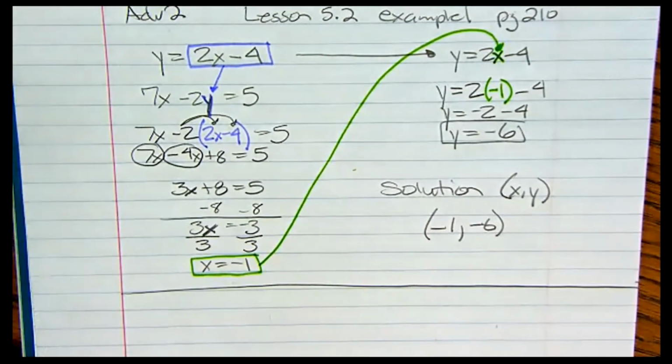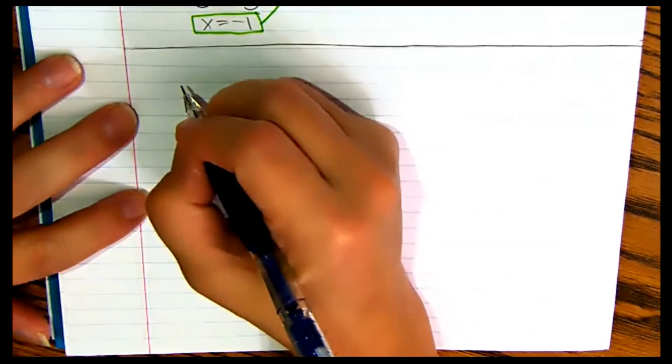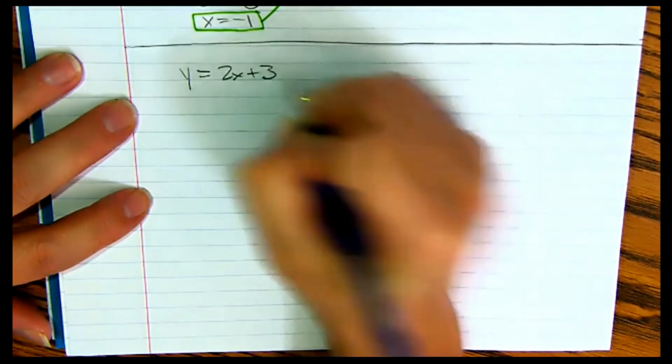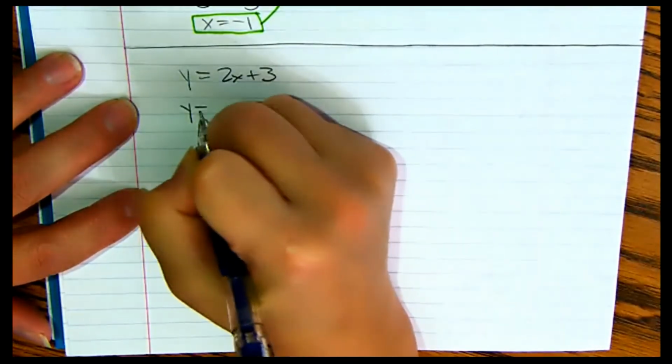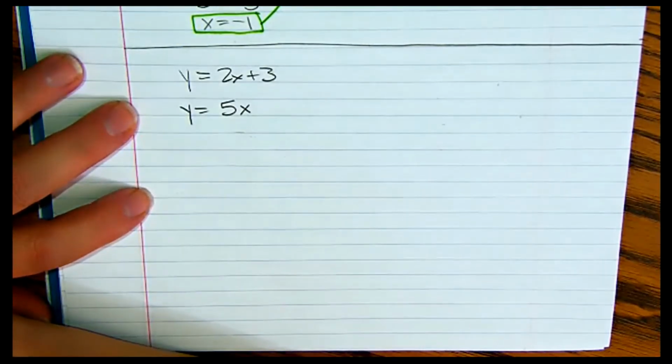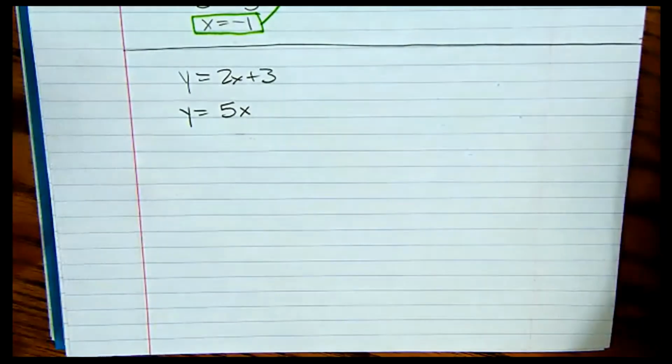Let's do another one because substitution can look a couple of different ways. So the book has given us this system of equations, y equals 2x plus 3 and y equals 5x. Okay, same thing.